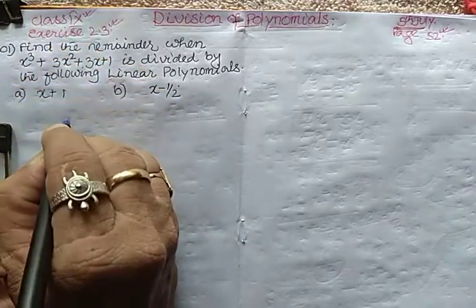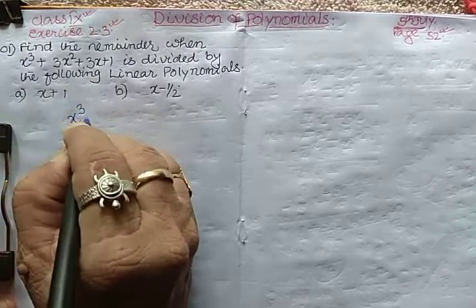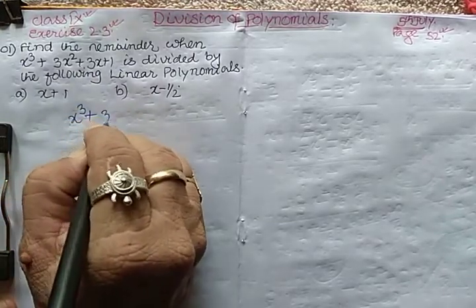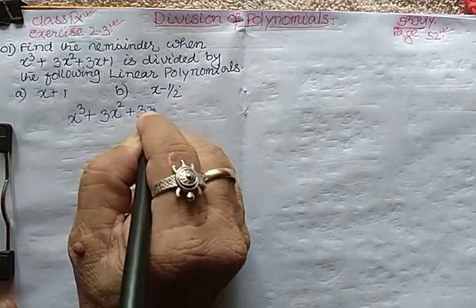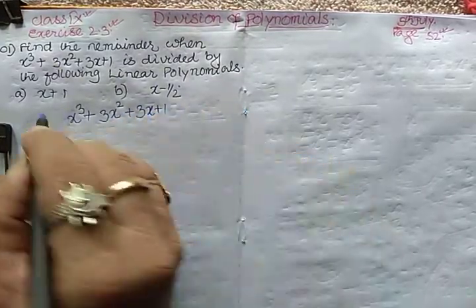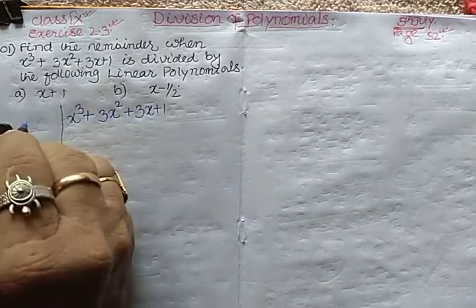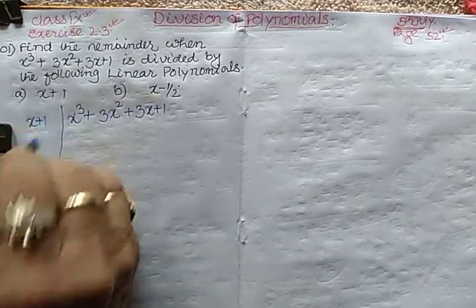Let me write this polynomial here, x cube plus 3x square plus 3x plus 1. Clear? Here I take x plus 1.